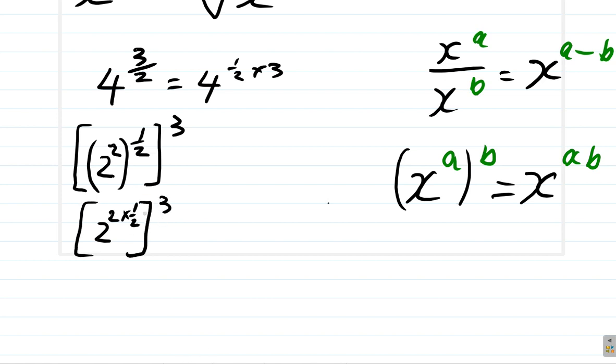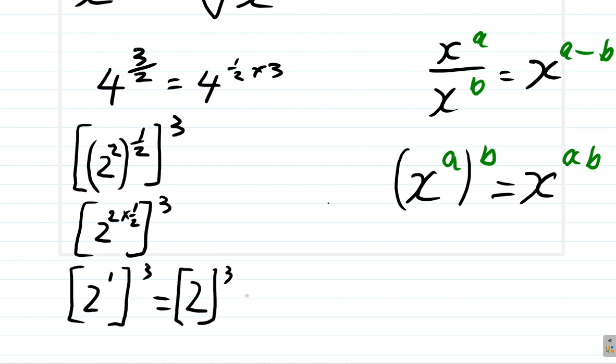Well, 2 times half is 1. So this is 2 to the 1, and all of that is raised to the 3. But 2 to the 1 is just 2. So it's 2 raised to the 3, which means 2 times 2 times 2. You have three 2's lined up and they multiply, and that gives you 8. So 4 to the 3 over 2 is 8.